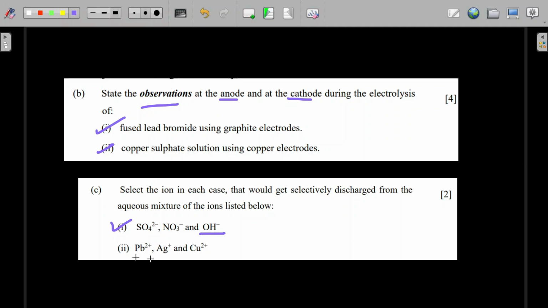Okay. Chanvi, what is the second one? So Ag. Sometimes they may also ask you to arrange them in decreasing or increasing order, just like they give for periodic table questions.